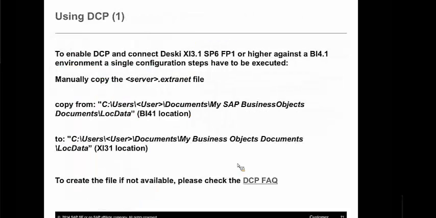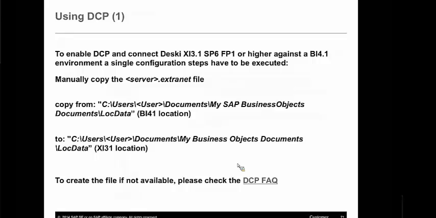So how can I use DCP? Out of the box, if you have XI 3.1 SP6 or higher, it's not just that I do a start logon and type in my BI 4.1 system and it works. There is a small step you have to execute in advance.